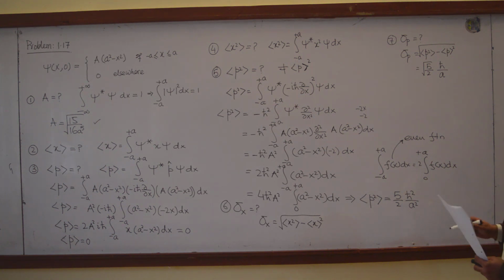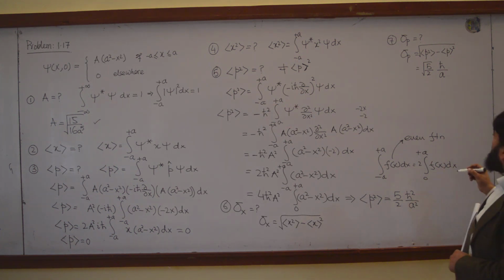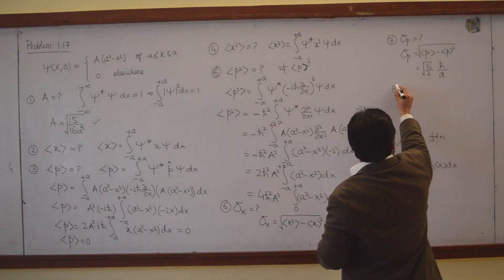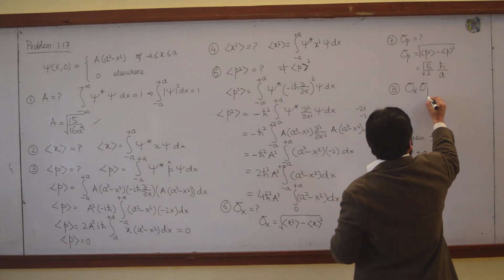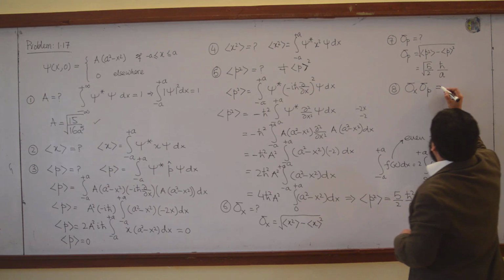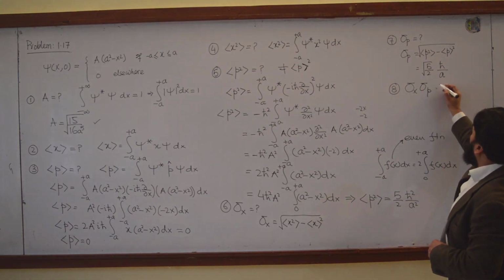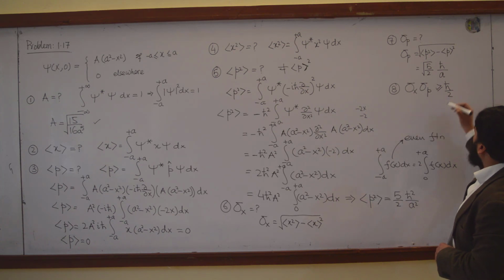So I can write this one. The 8th question asks to write the Heisenberg uncertainty principle and prove that this product will always come out to be greater than or equal to h bar over 2.